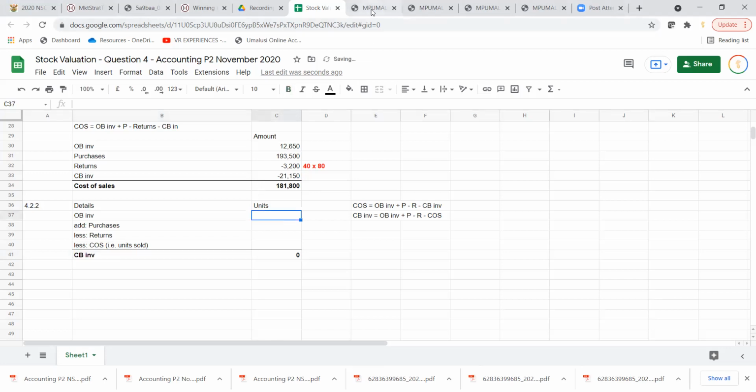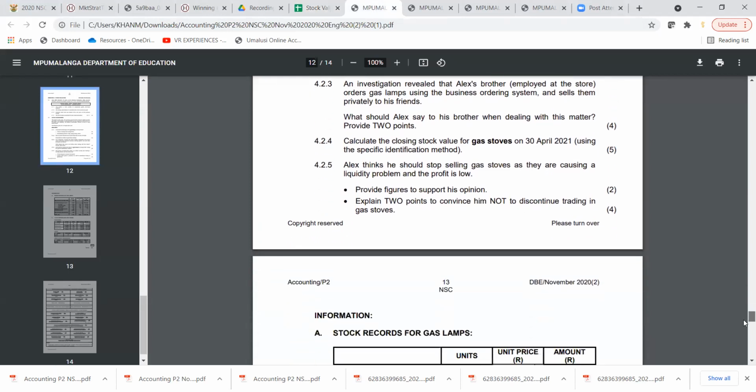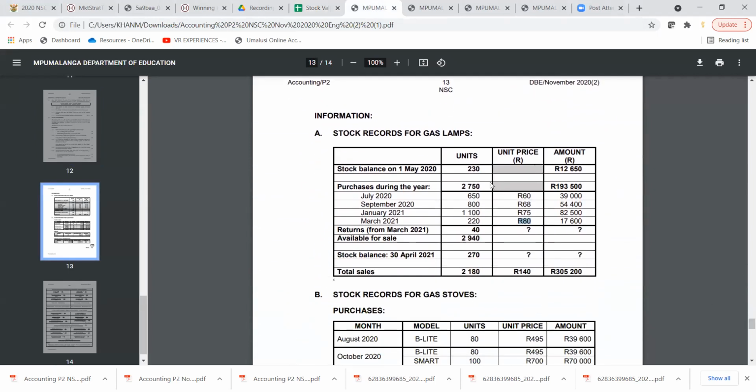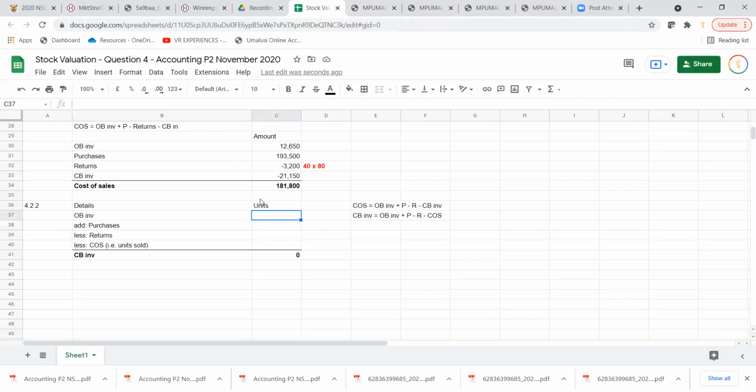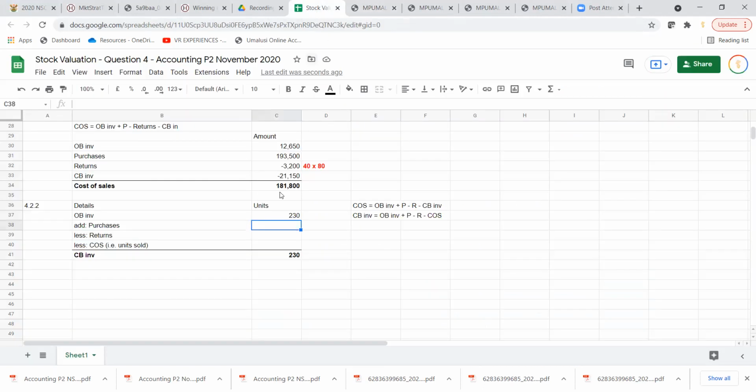So if we go back to the question, how many units was on hand in opening inventory? 230. So there we have how many units was at the beginning of the year? 230 units. How many units did we purchase? We purchased 2750.